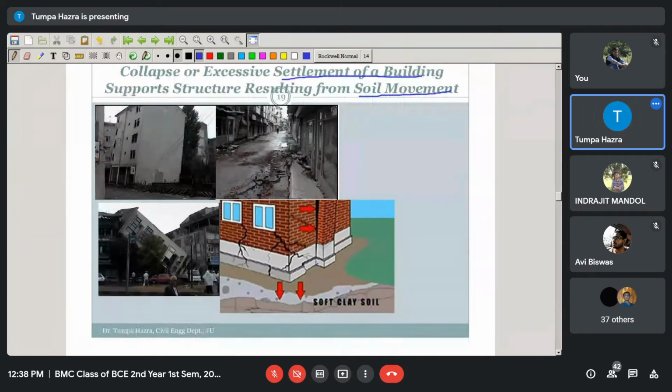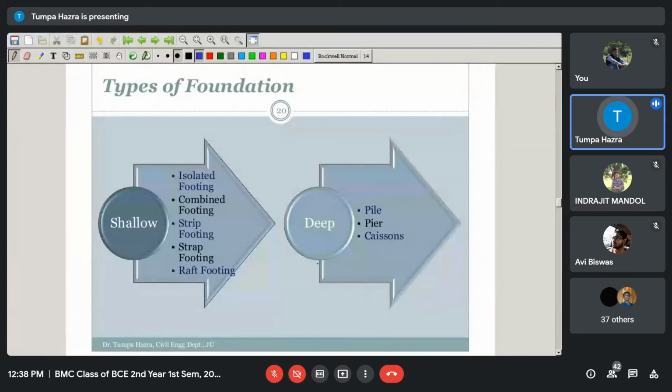Now let me explain the types of foundation. The foundations are broadly classified in two groups: one is shallow foundation and one is deep foundation.